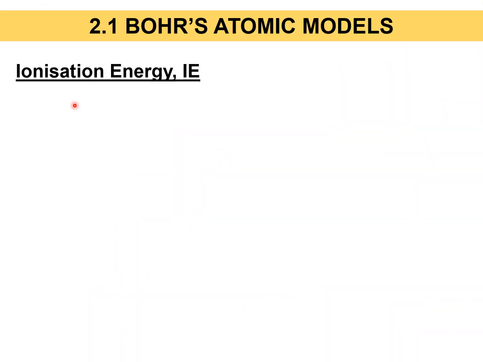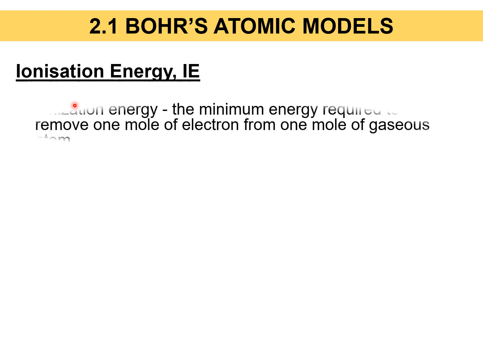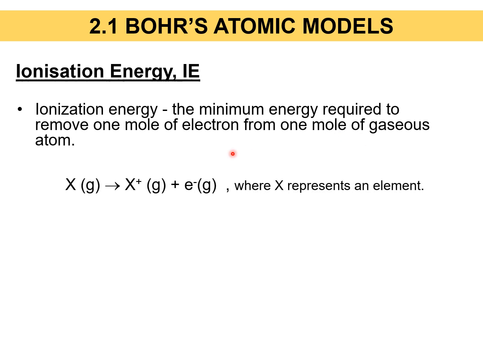Okay, tadi kita bercakap mengenai ionization energy. So what is ionization energy? It's actually the minimum energy yang diperlukan untuk buang 1 mole of electron daripada 1 mole of gaseous atom. So for example, tadi kita nak cari ionization energy untuk hydrogen atom.